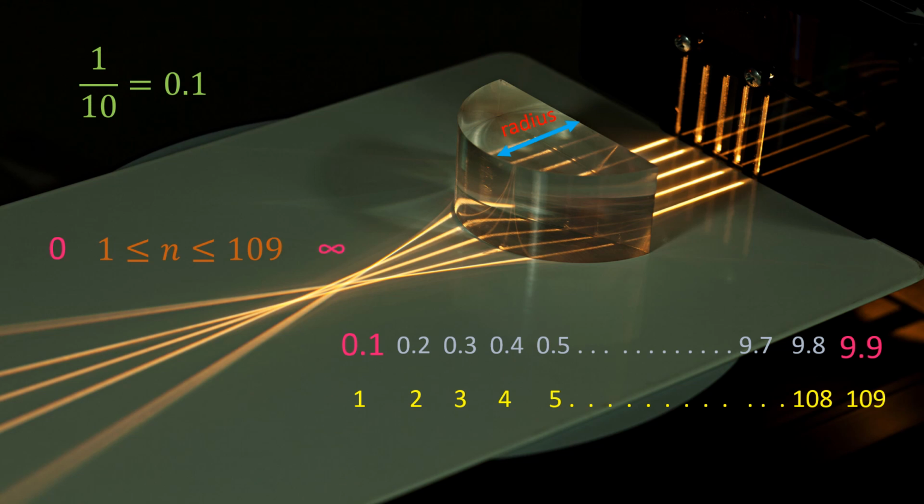Now, the first number in the infinity set is 110, and 1 divided by 110 gives 0.009, which falls in the 0 set, and we therefore have our one-to-one correspondence. So for this situation, 1 over anything bigger than or equal to 110 is equal to 0.